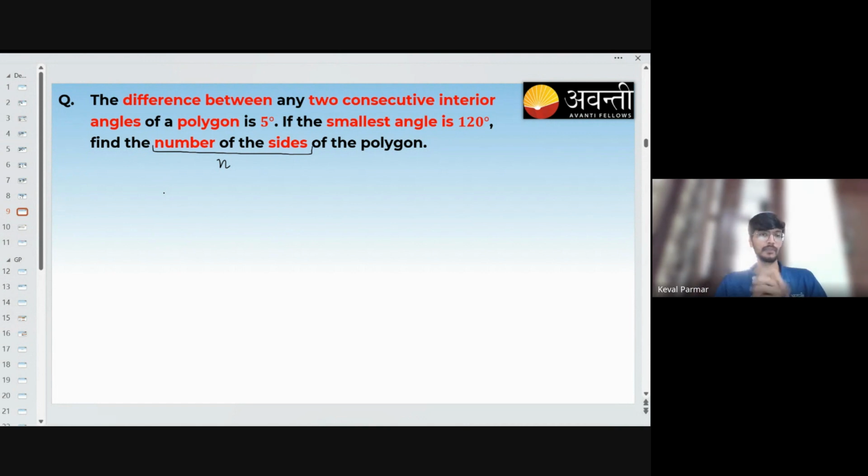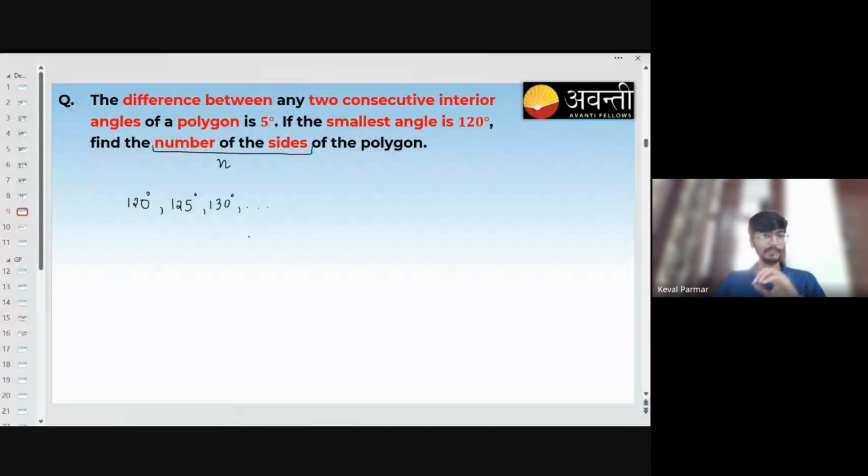Now let's see if I can make an AP. What was the smallest angle given? 120 degrees. Correct? And what is the difference between two consecutive interior angles? 5. So I can make it an AP as 125, 130 and so on.